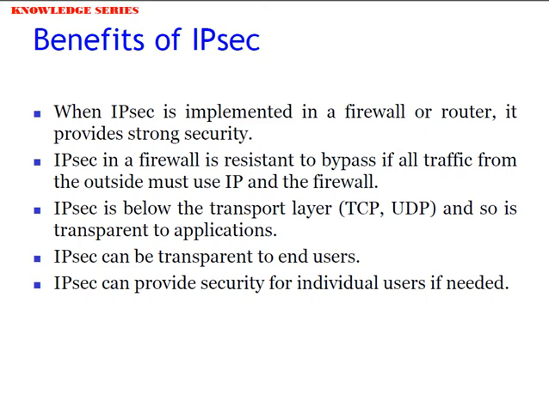IP security is below the transport layer, TCP and UDP. So it is transparent to applications. That means there is no need to change the software on the user or the server side when IP security is implemented in a firewall.